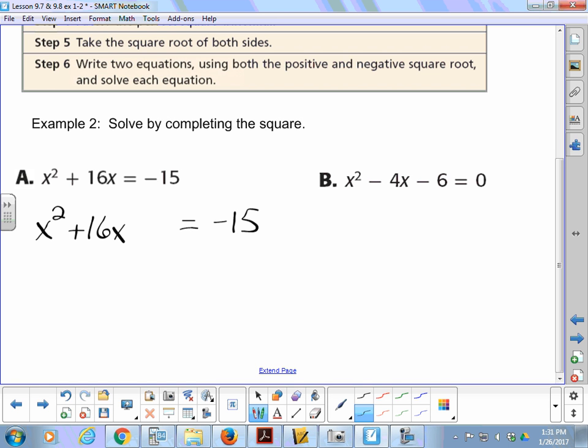So once you write it in this form, put your parentheses for your binomial squared right below it.